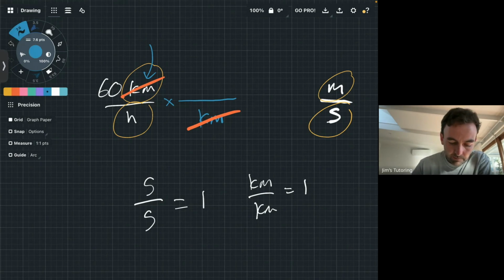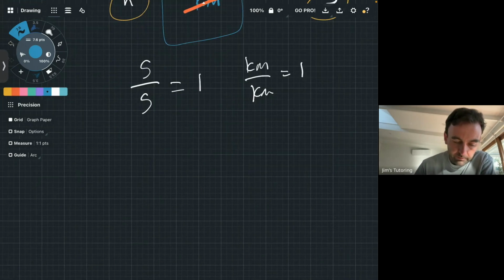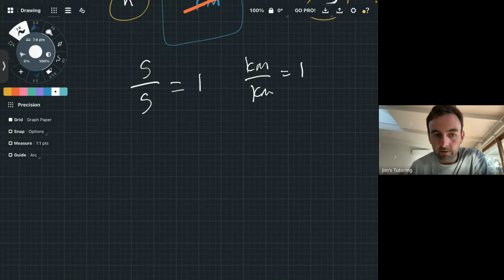But obviously something feels wrong about doing this, because we're changing the value of the equation, which we can't do. So we take another little side step for a second. If we multiplied by 1, that is okay.